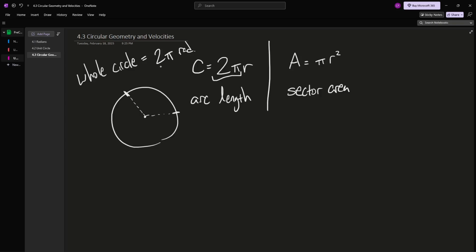If my whole circle is 2 pi, I don't want it to always be a whole circle. I want it to be just this part of a circle, this angle of a circle. And angles we've been denoting as theta. So for the arc length formula, I want to replace the 2 pi with theta. So my arc length equals theta times r. This is my arc length formula.